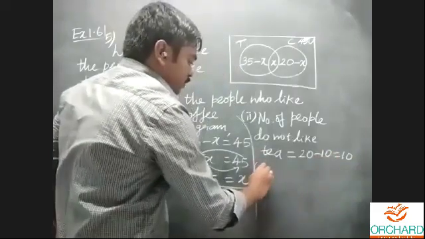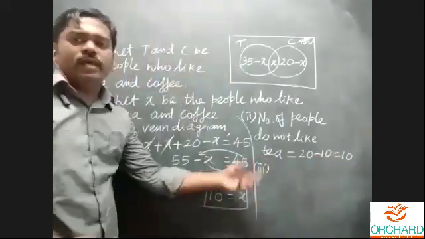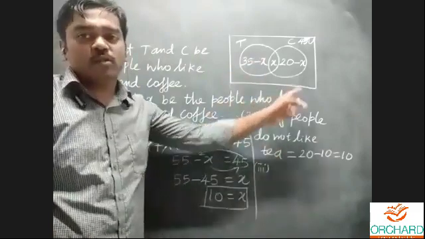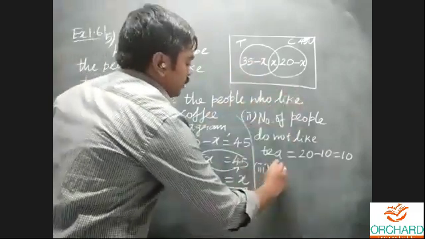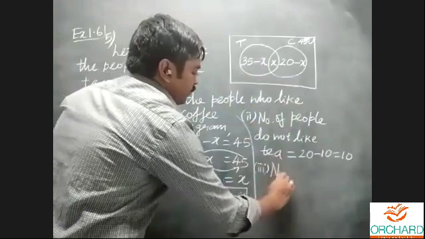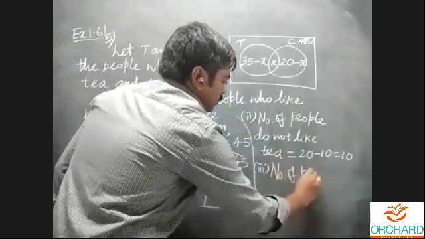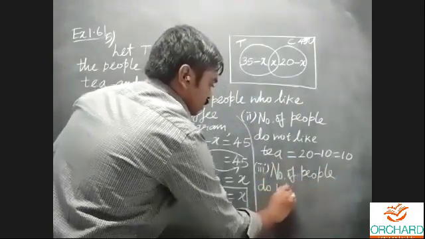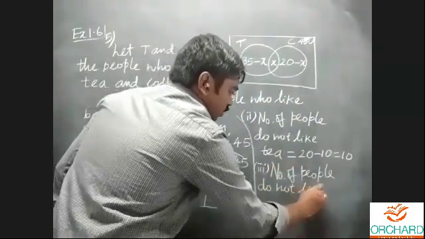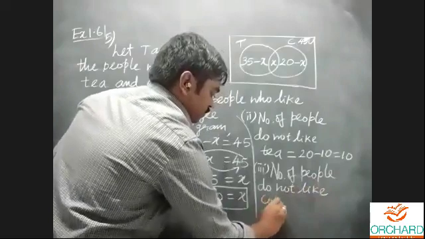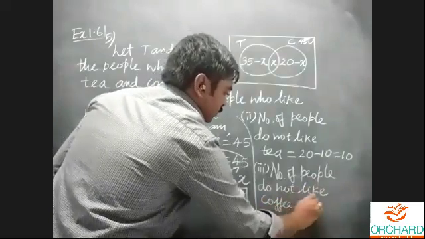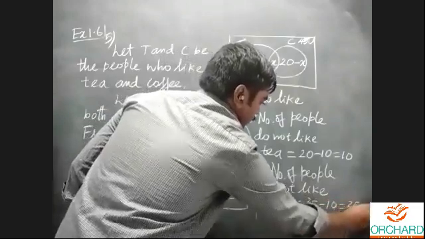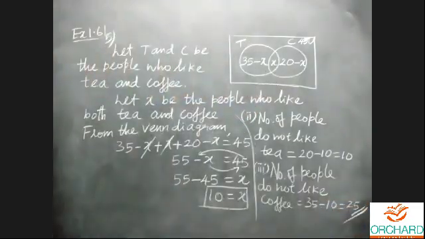Then the third one: do not like coffee, because there are only two options, one is tea, another is coffee. The same way you can complete the next subdivision. Number of people who do not like coffee is equal to 35 minus 10, that is equal to 25. That's all.